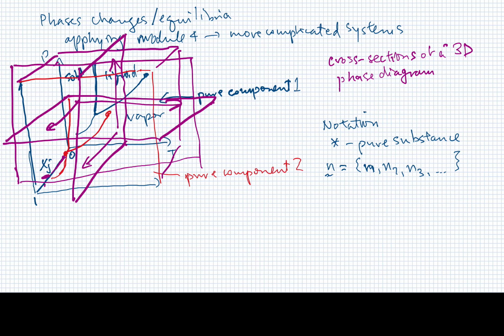All right, I also want to distinguish something else, and that is something that we learned about a little bit in the previous module. We identified the molar Gibbs energy as simply the Gibbs energy of 1 mole of the substance, and this was something that we identified with the chemical potential. We also identified the molar volume as something that was just the volume of 1 mole of a pure substance.